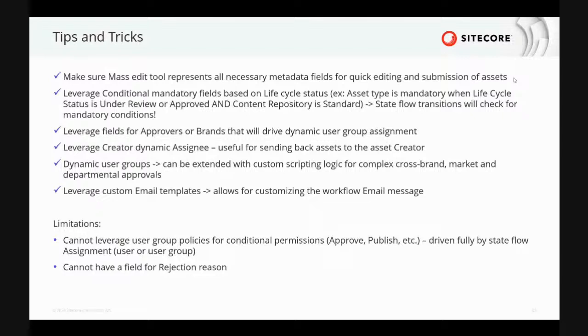So it's going to check for mandatory validation that the asset type needs to be filled in only when you send the asset for under review, or if you skip and go straight to approval. So basically, it's validating that asset type needs to be filled in on every asset that is either under review or approved and content repository standard.